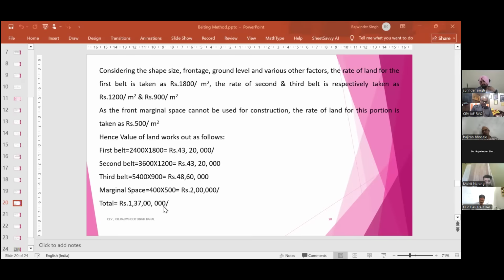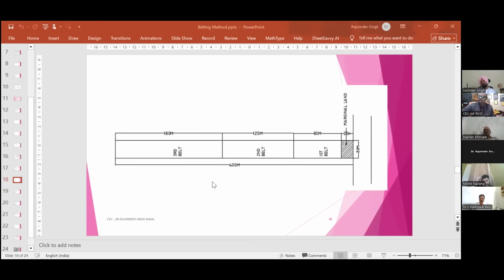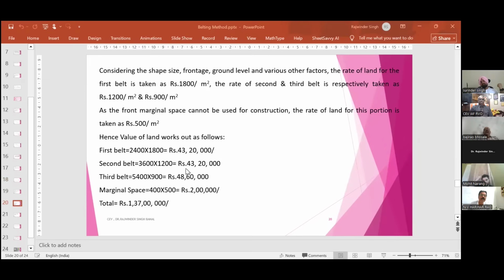Okay. But if you apply the same rate of 1,800 over the whole land, total land is 30 into 400, 12,000. 12,000 into 1,800, 2 crore 16 lakh. The value would have been 2 crore 16 lakh. Here the value is only 1 crore 37 lakh.